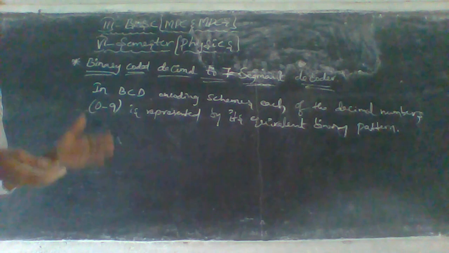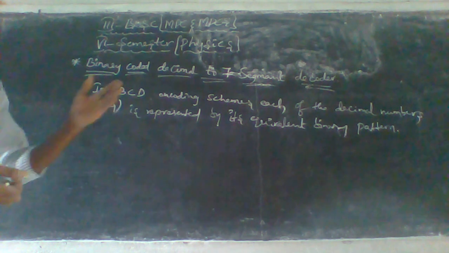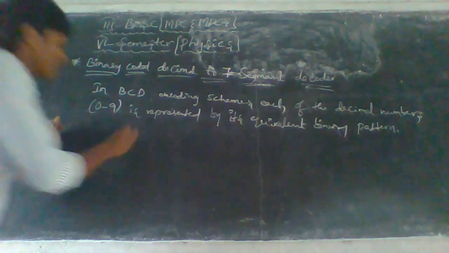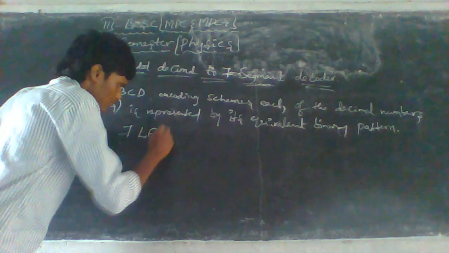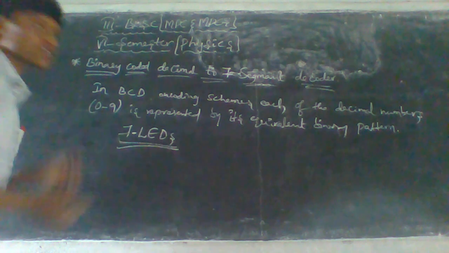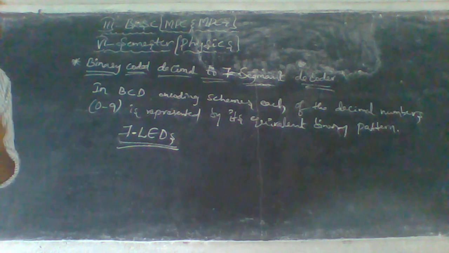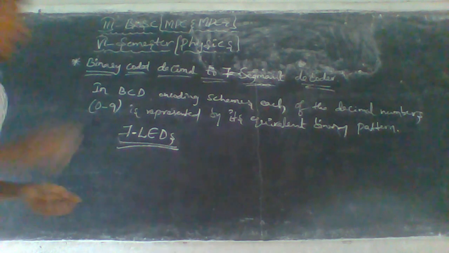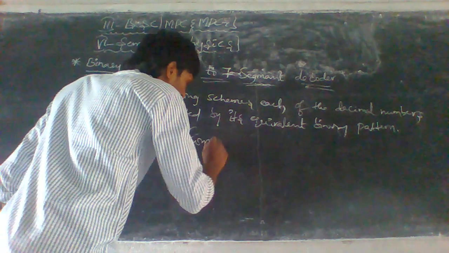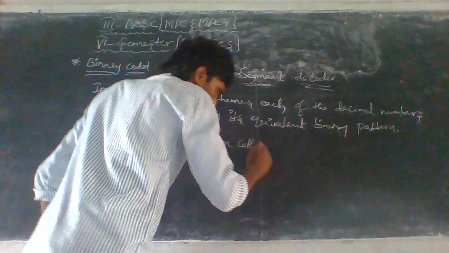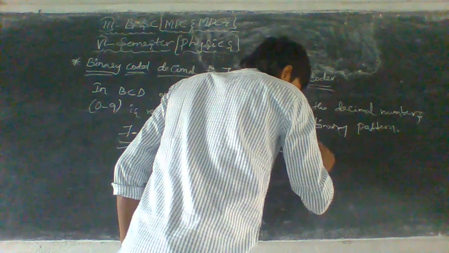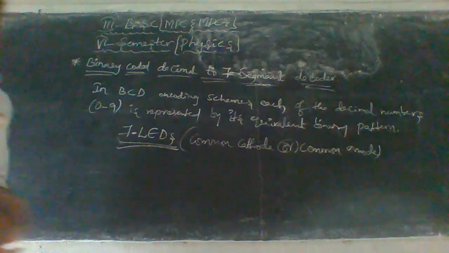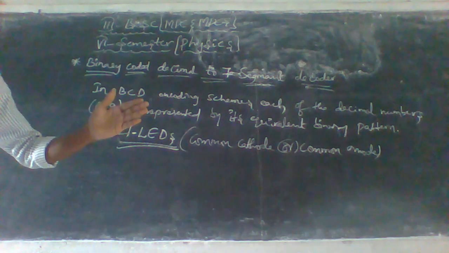Whereas the 7 segment display is an electronic device which consists of 7 light emitting diodes arranged in a definite pattern, either common cathode or common anode type.